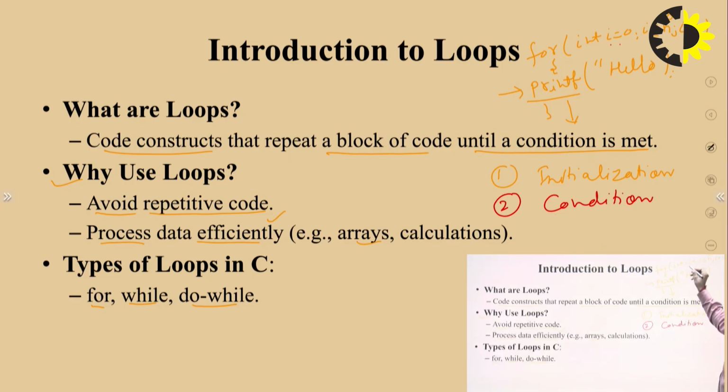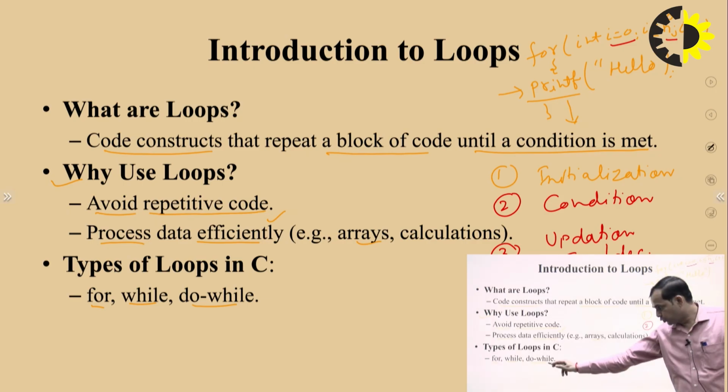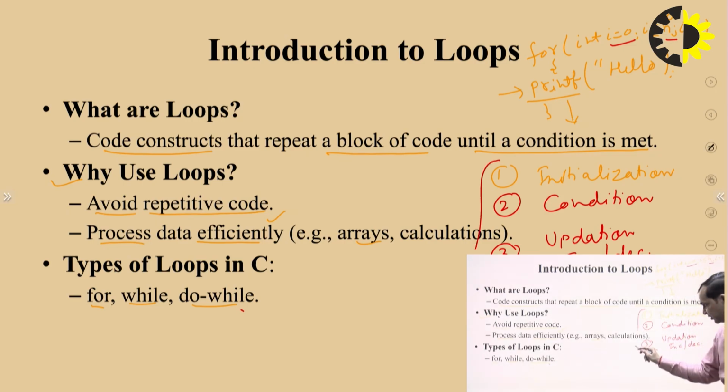Here we start from i equal to 0. कब तक print करना है, meaning it will be less than or equal to, so we give the condition. And third is updation, which means increment or decrement. So we apply this. When we are using any type of loop, for loop, while loop, or do while loop, there are three must-have conditions in any loop.